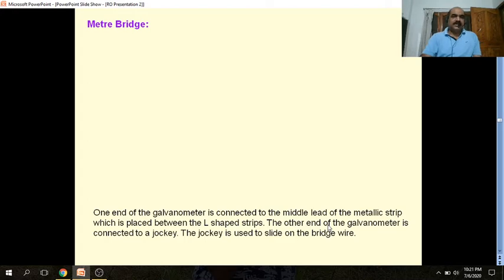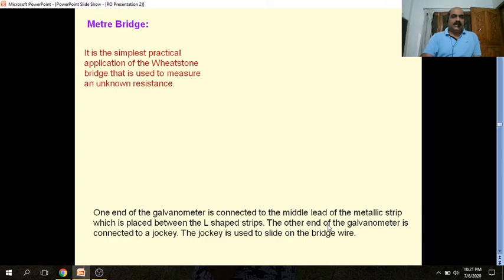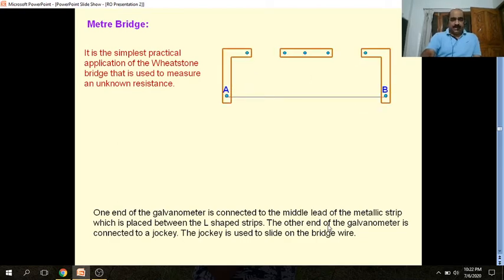It's a very simple apparatus, and you can say it is the simplest practical application of the Wheatstone bridge, used to measure unknown resistance. A meter bridge, as you see here, has two L-shaped metal strips and one plain rectangular metal strip lying in between.